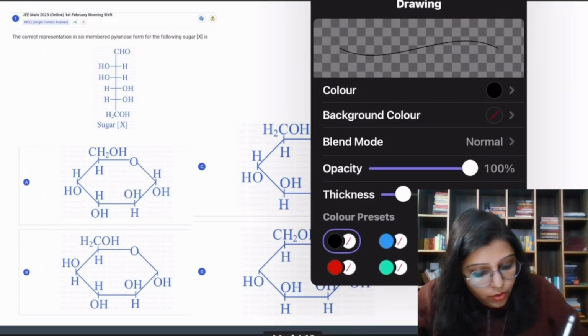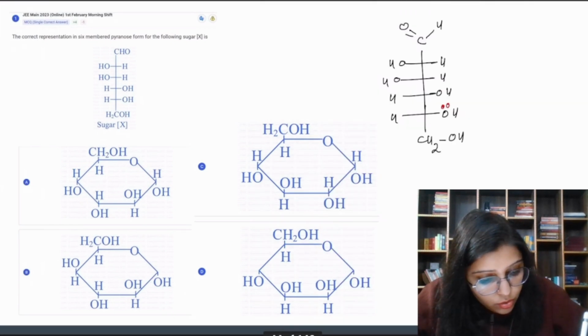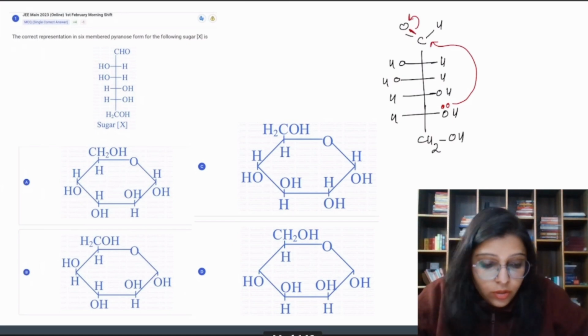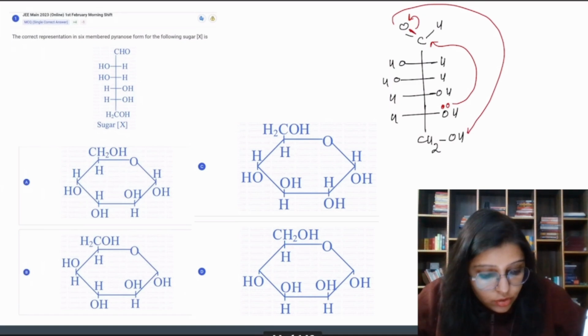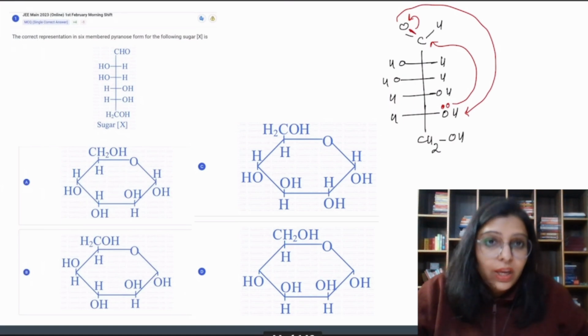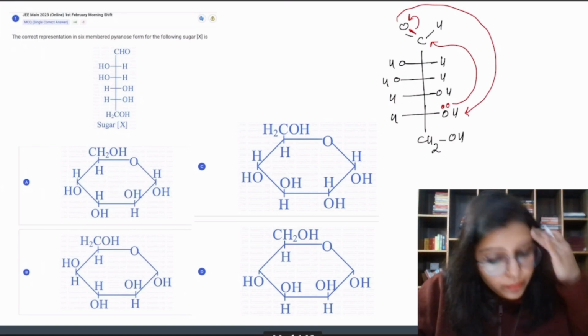Now, in order to form the ring, this oxygen lone pair attacks on this carbonyl carbon. Electron of this bond shifts to oxygen, which can further take this H. So, what do we have?